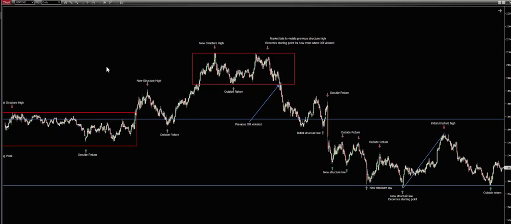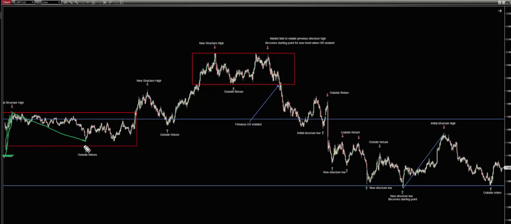If you take a look at the screen in front of us, you can see that the member started and marked this point right here. I will put it in green as a starting point. Then he said that this is the initial structure high, which would mark it as an outside return.